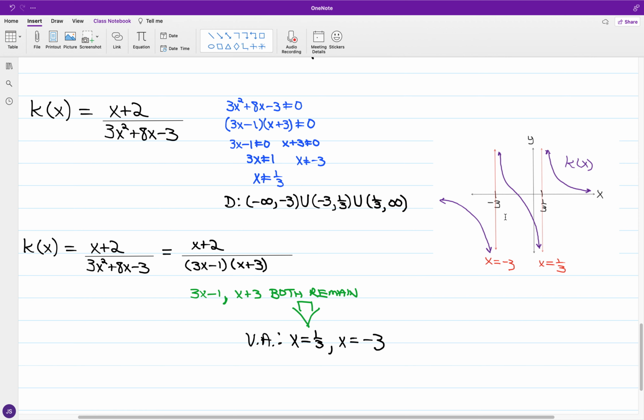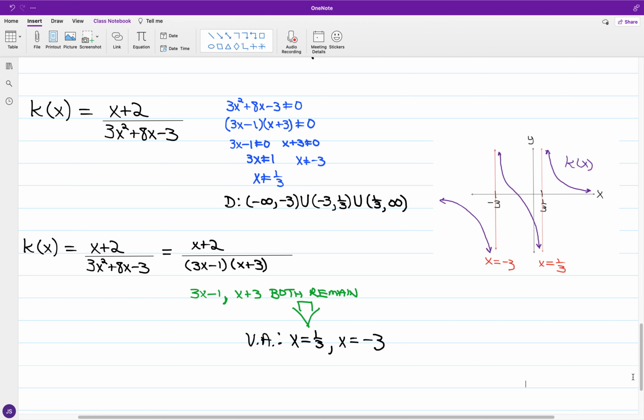Okay, and you're going to have the partitions created by the vertical asymptotes. We have to the right x equal to 1/3, and to the left we have x equal to -3, and again both vertical asymptotes are going to be off limits, so there's not going to be any contact with the function k of x.